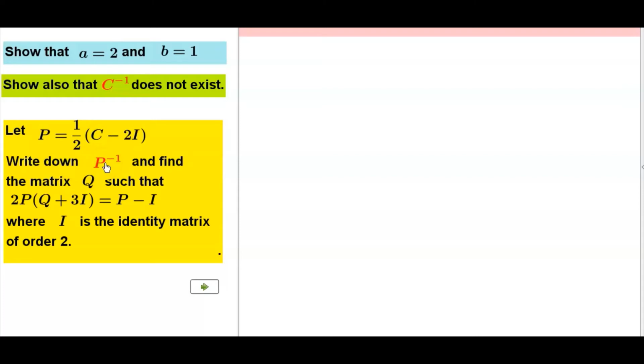Write down the inverse of P, and find the matrix Q such that 2P into Q plus 3I is equal to P minus I, where I is the identity matrix of order 2.